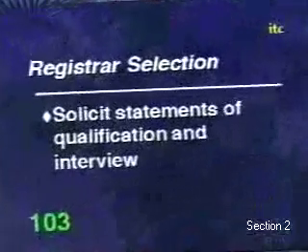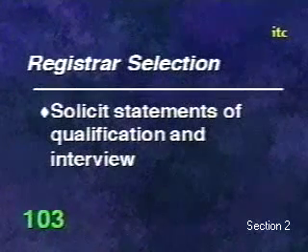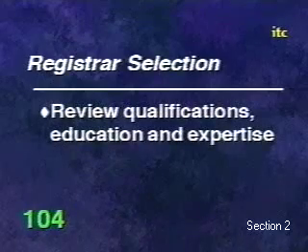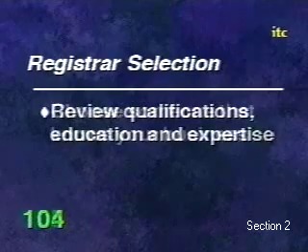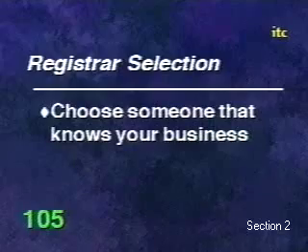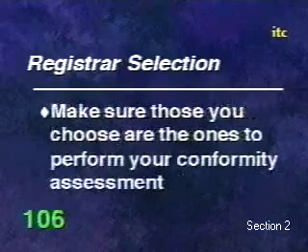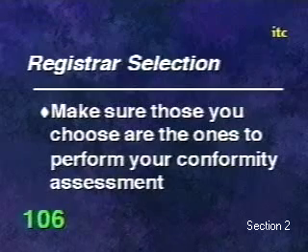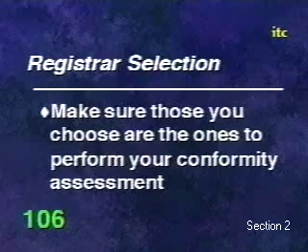Steps to facilitate this selection could include soliciting statements of qualifications and interviewing. Review registrar personnel qualifications, education, and expertise. Choose someone that knows your business. And once you've identified specific auditors, make sure that these are indeed the auditors to perform your conformity assessment and that substitutions are not made at the last minute.